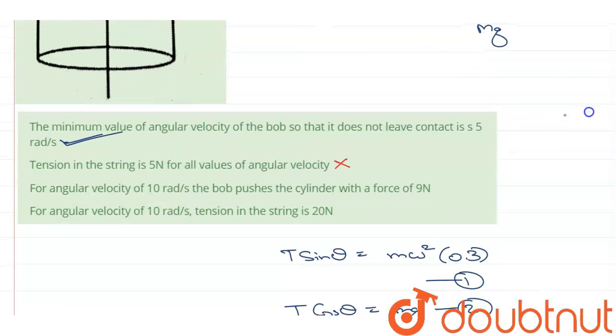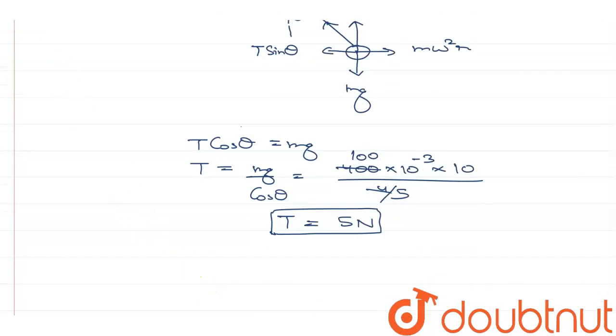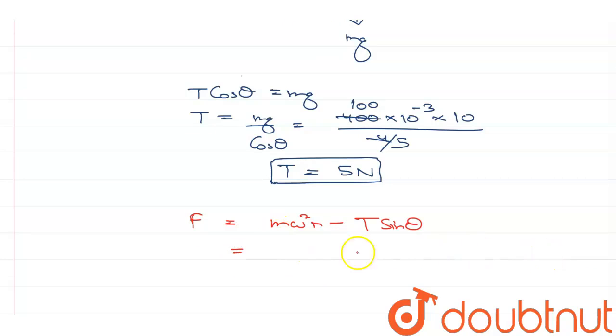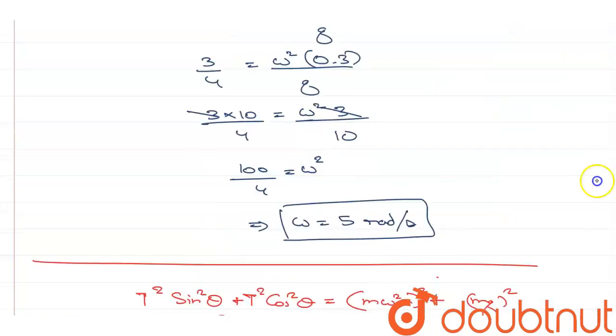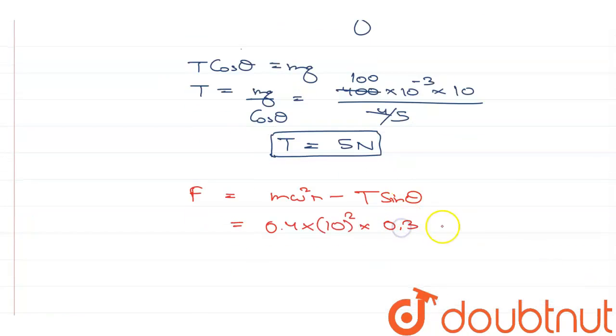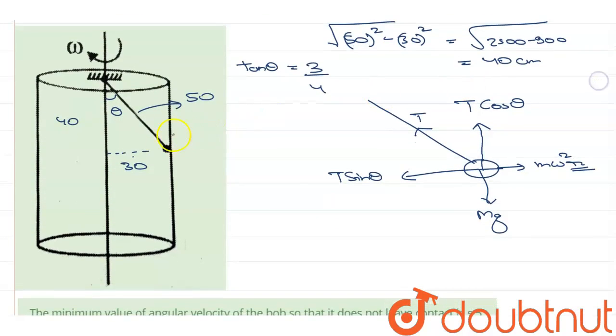Since we are trying to find the force with which the bob pushes the cylinder, if that force is capital F, then F will be equal to m omega square r minus T sin theta, which is equal to mass 0.4 kilograms, omega 10 radian per second, times the radius of the cylinder, 0.3 meters, minus tension 5 newtons times sin theta, which is 3 by 5.